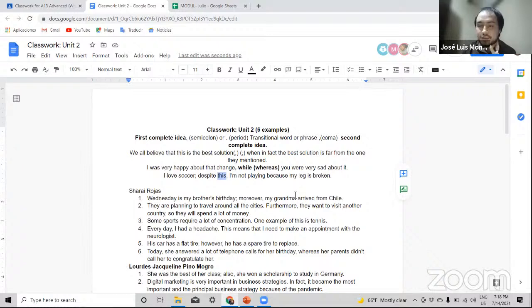But you can write a phrase, and a phrase can be something like this: despite that fact, despite that information, or even an idea that starts with what. If your idea starts with what, then it's going to be considered a phrase: despite what I said.